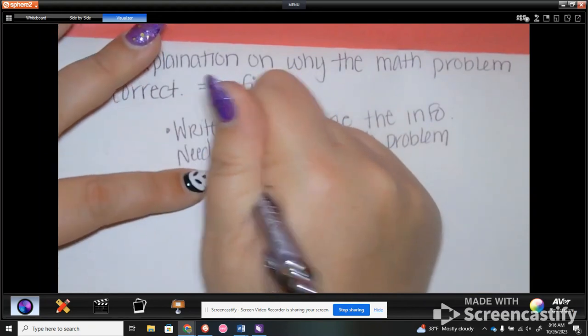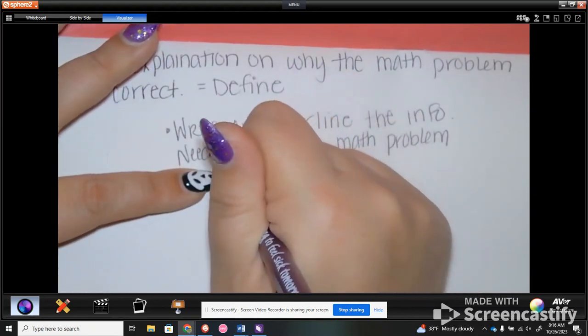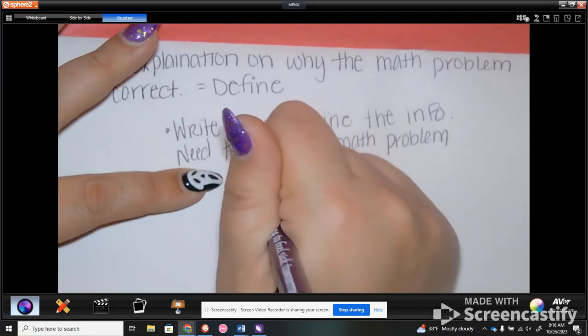And this could be data. This could be keywords.